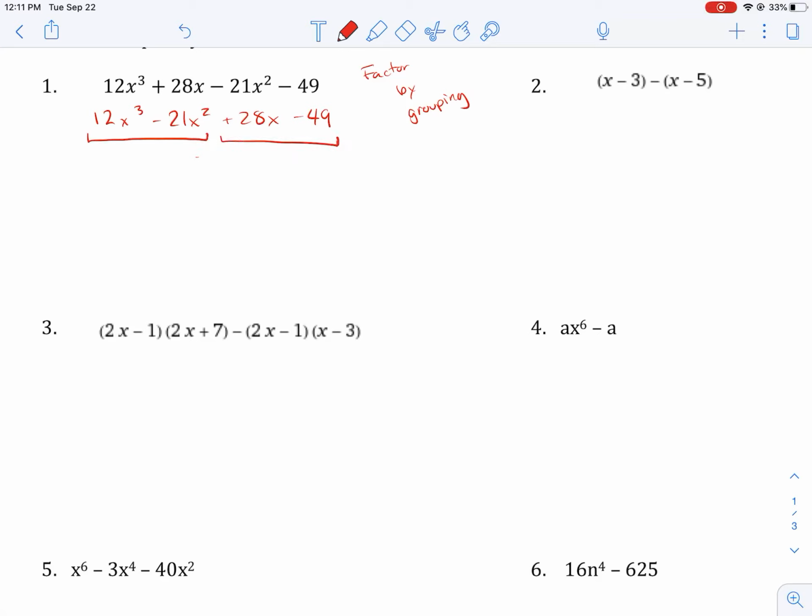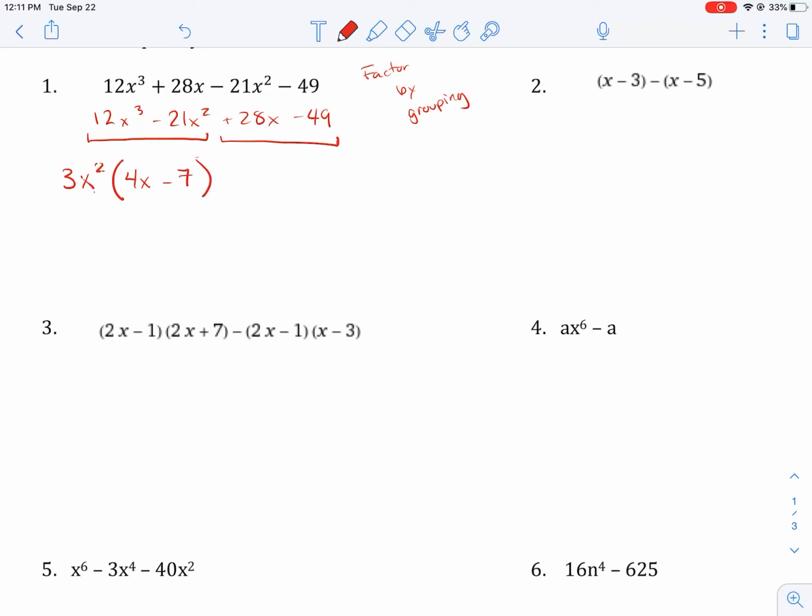Okay, so what we're first going to do is factor out definitely an x squared. But also, it looks like I can take out at least a 3. So I'm going to take out a 3. That leaves me 4x minus 7.